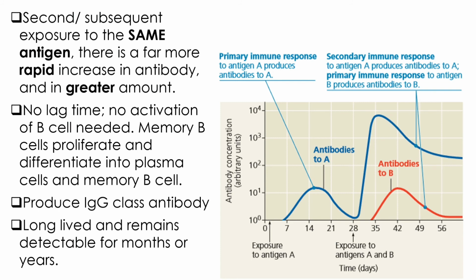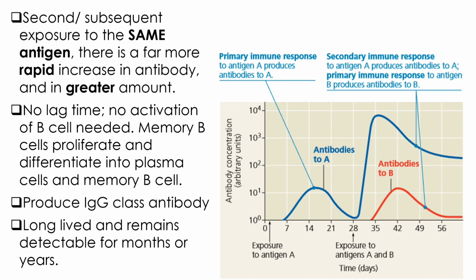In conclusion, the primary immune response shows how our immune system reacts to a specific antigen during the first encounter, while the secondary response is the reaction produced by our immune system during the second encounter with the same antigen.